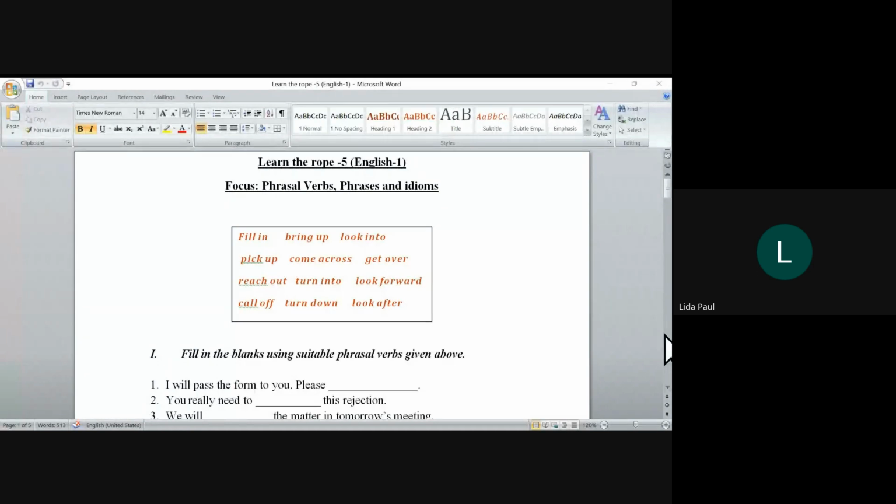So we're able to use a noun or a personal pronoun and separate out the verb and the adverbial particle. But can we do the same thing with come across? I can certainly say I came across a sweet vendor on the way. Can I say I came a sweet vendor across on the way? No, right? So this is not possible.